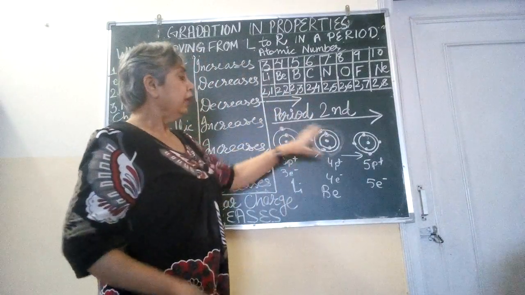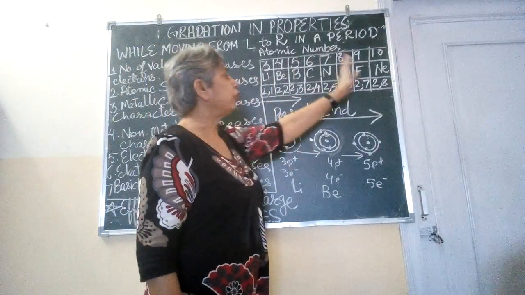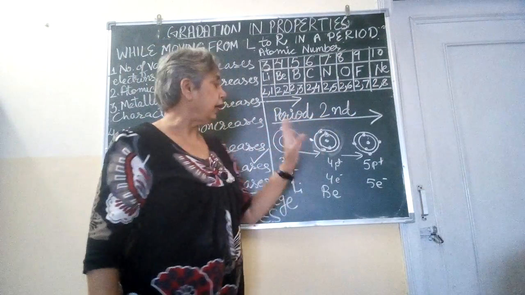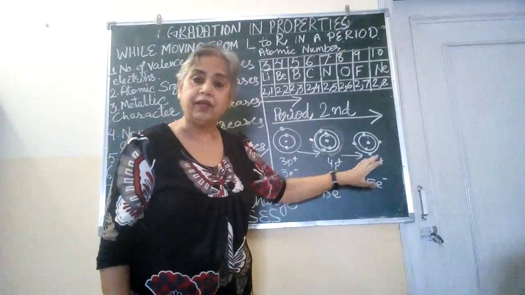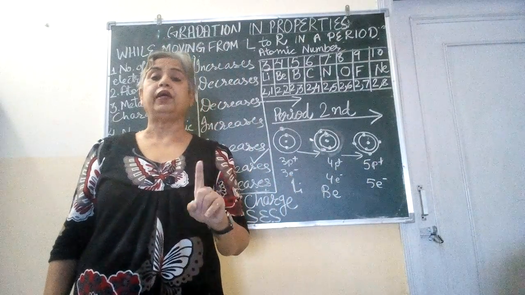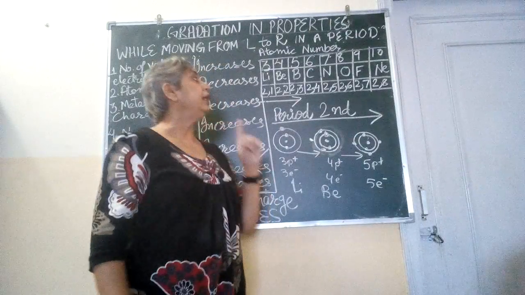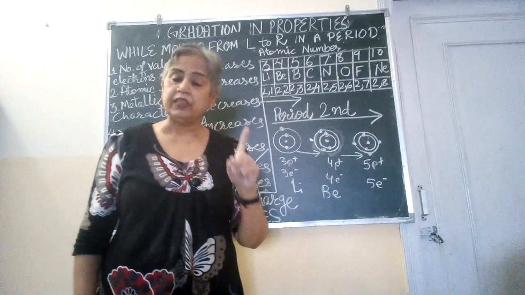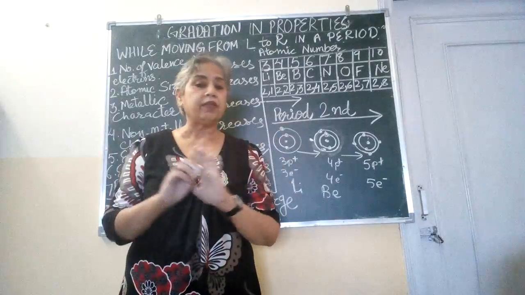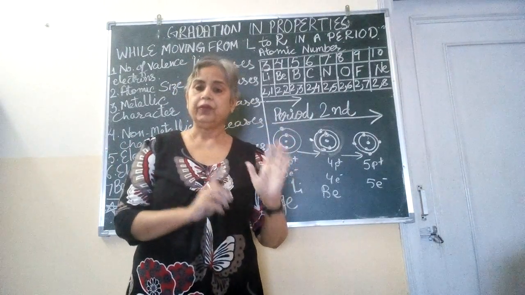So, I told you that while moving from left to right in a period, the atomic size decreases. My dear students, please keep one fact in your mind, that this is valid only till group 17. Inert gases are not showing this characteristic.